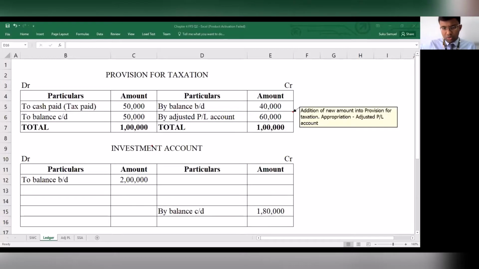So how do we go about this? The profit will be transferred to the adjusted profit and loss account. So to profit on sale of investment, you have transferred 10,000.